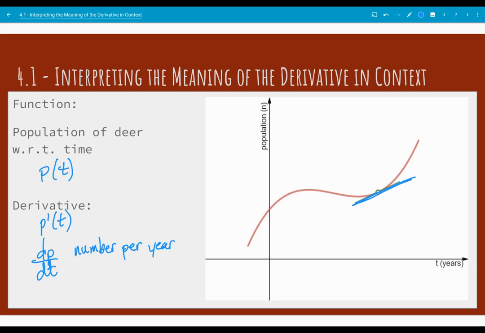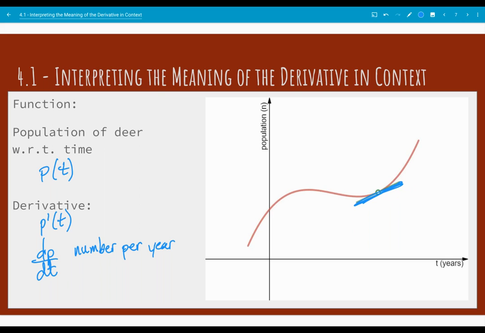So the positive slope here tells us that the population is increasing a certain number of deer per year. And we can see again that if we move to the next year, that population is in fact greater. So the slope of the tangent line is telling us at any given moment what is the rate of change of that population.